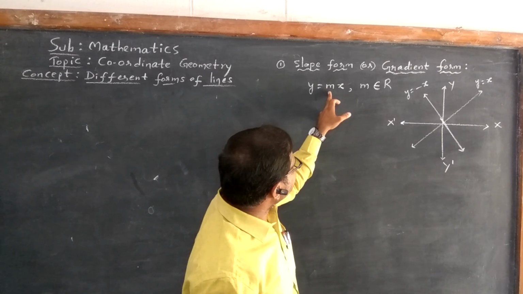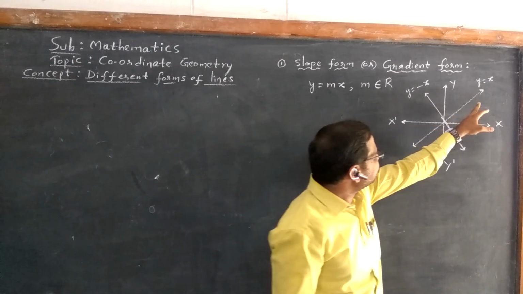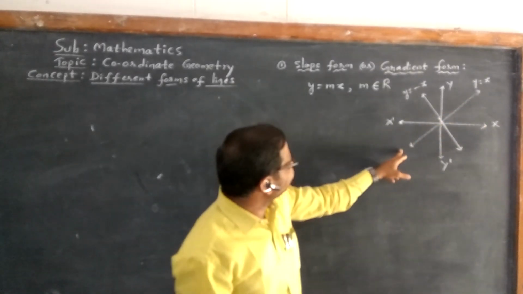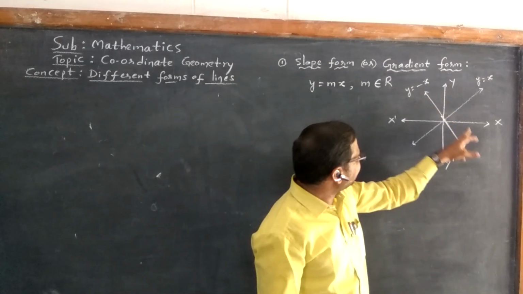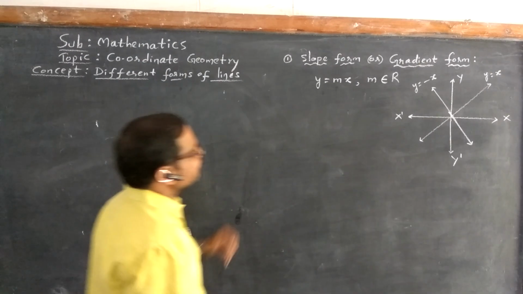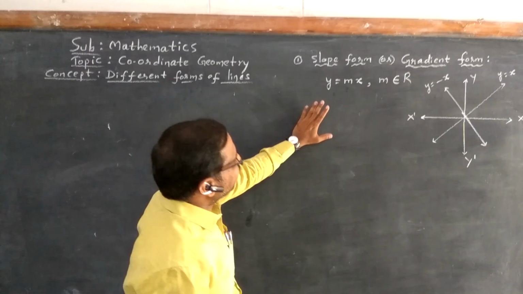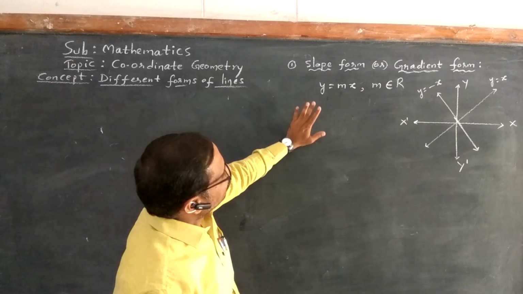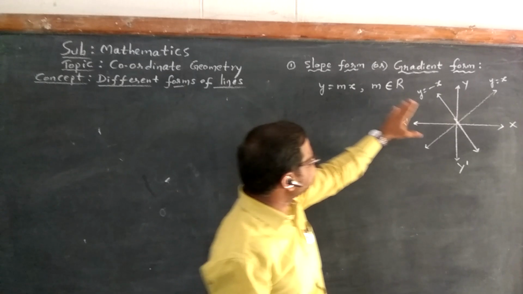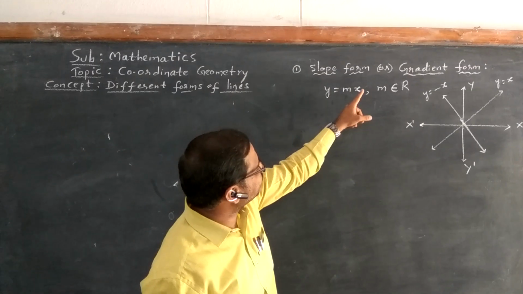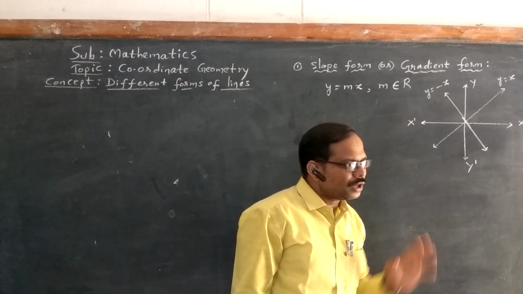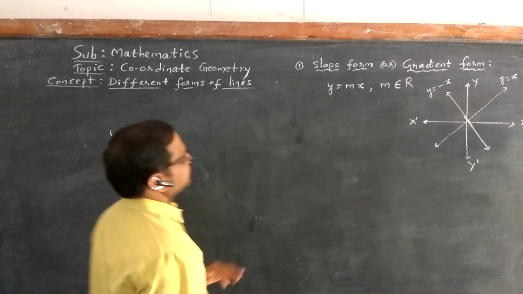If m is positive, lies in Q1 and Q3. If m is negative, it lies in Q2 and Q4. Okay? This is called gradient form or slope form. It always passes through origin because there is no constant term here.